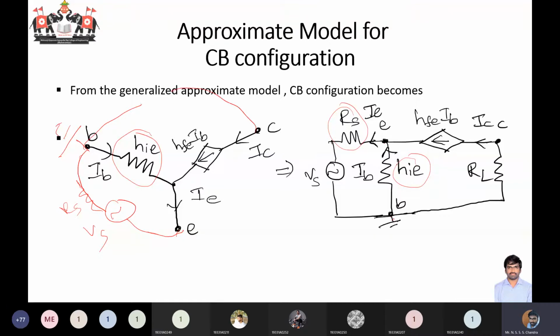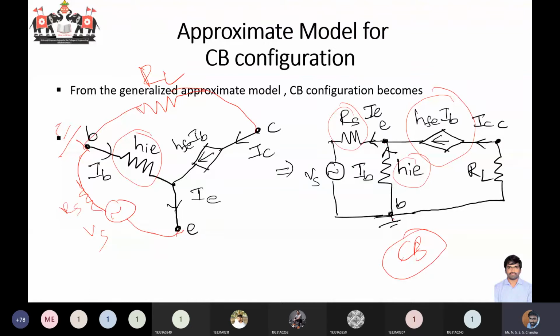So between your emitter and collector, however, you have HFE into IB, which is your dependent current source. Now you are connecting the load resistor RL between these two terminals. Okay. So if you redraw the circuit, this is how we get this. So this is your CB configuration.